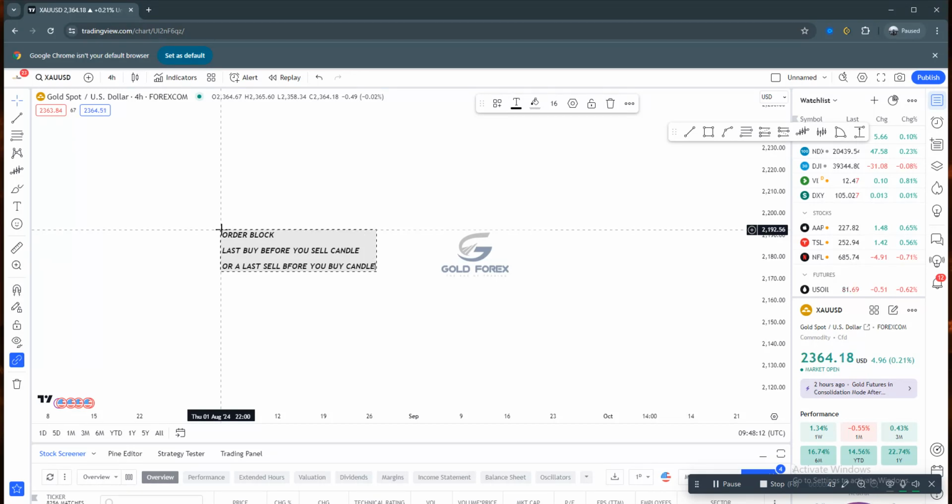And why are these important? These are important because these are very powerful entry points. We can actually pick trades, use a very slim stop loss, and target a bigger move. So the risk reward ratio that we get when using order blocks is quite rewarding, and you can have massive profits.